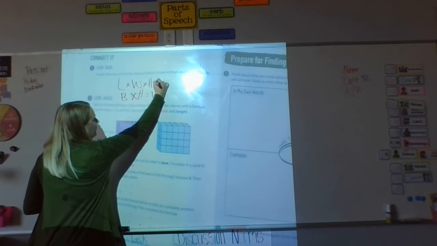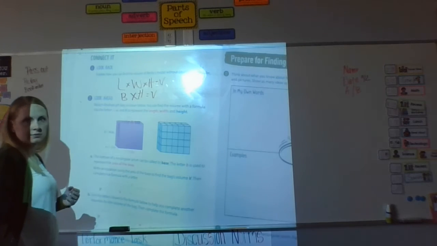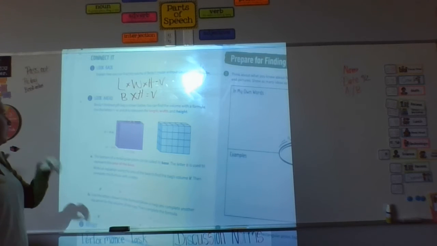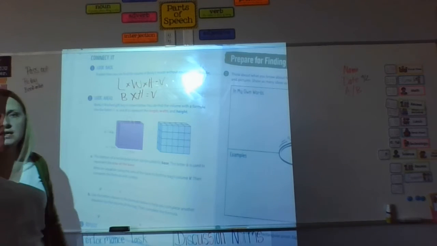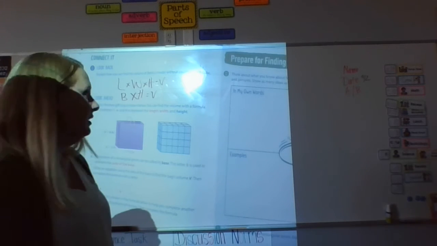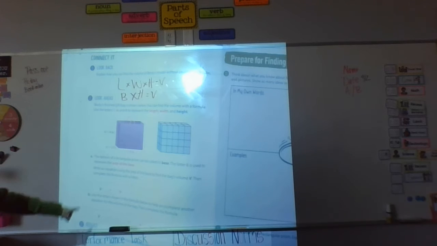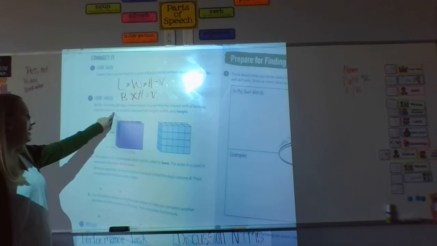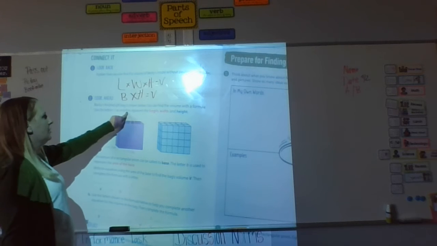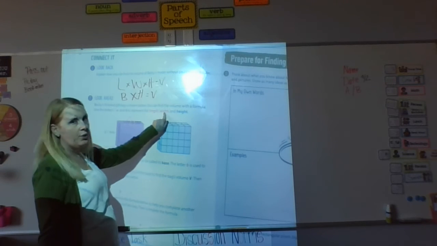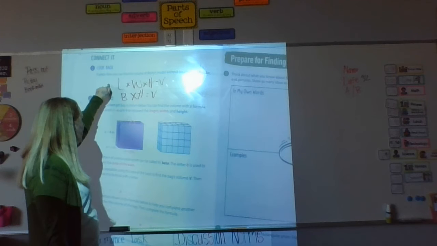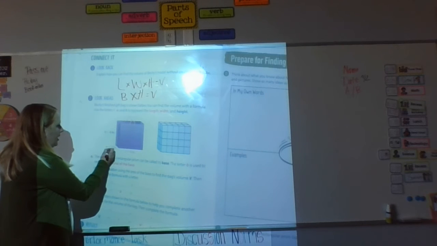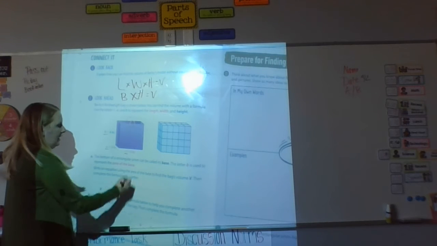Both of those will give us the volume. Let's take a look at Becky's finished gift bag. You can find the volume with a formula. Use the letters L, W, and H to represent length, width, and height. That's exactly what we've already been doing.